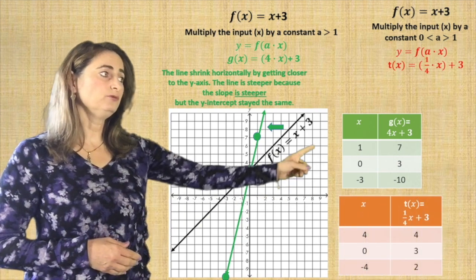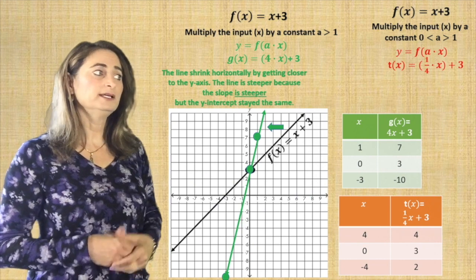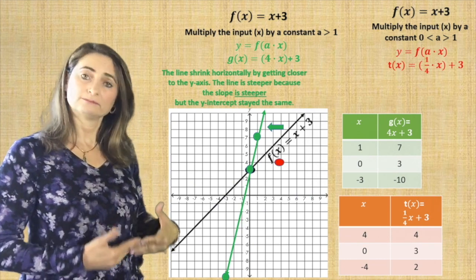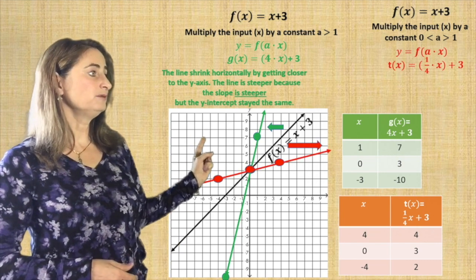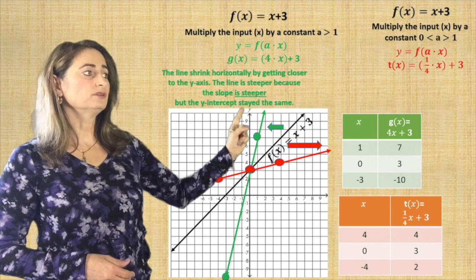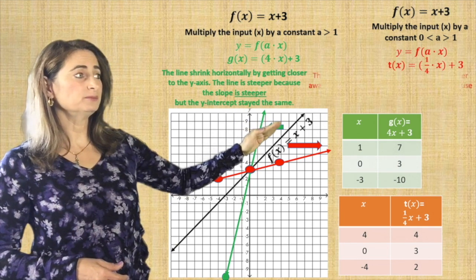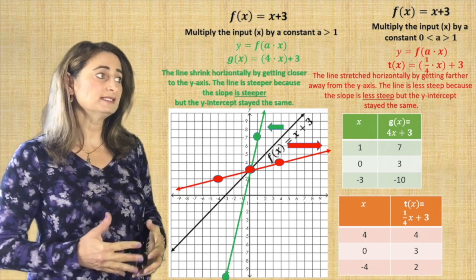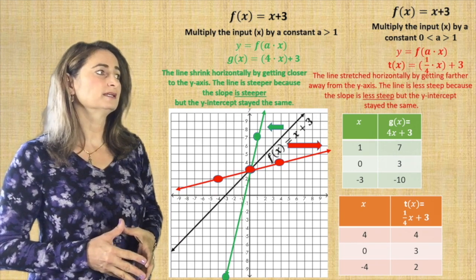Make a table again where x is 4, 0, negative 4, and t of x is 1/4 of x plus 3, and plot them. Once you plot them, this is the red line. Watch how the line is stretched horizontally by getting farther away from the y-axis. The slope is less steep, but the y-intercept stayed the same.